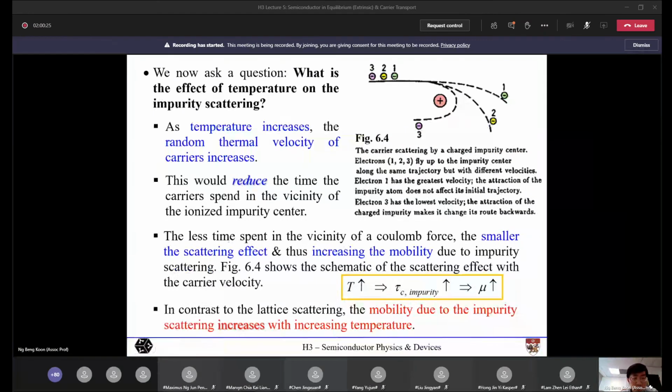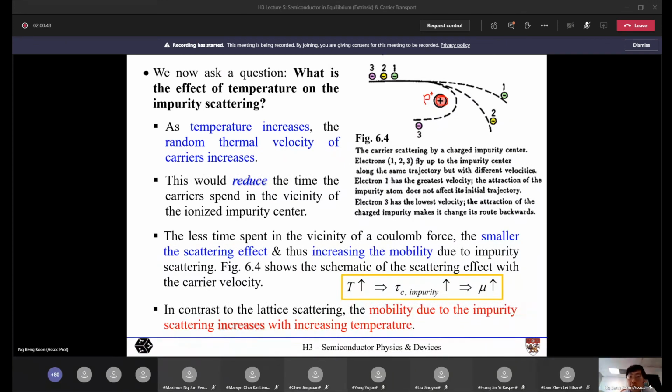In this N-type semiconductor, let's say we have the ionized impurity atom, which is this positive charge that we see there. This will be like your ionized phosphorus atom, P+. If the phosphorus atom gives off an electron, becoming a free electron, the phosphorus atom loses an electron and becomes positively charged.